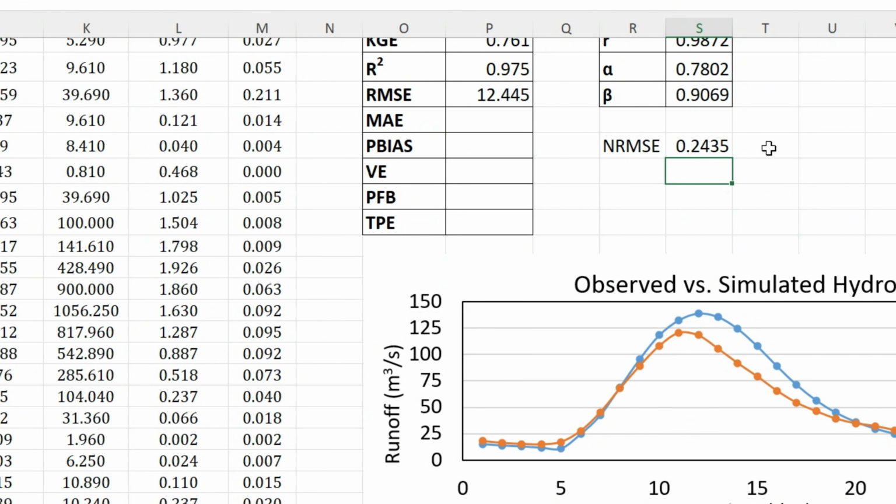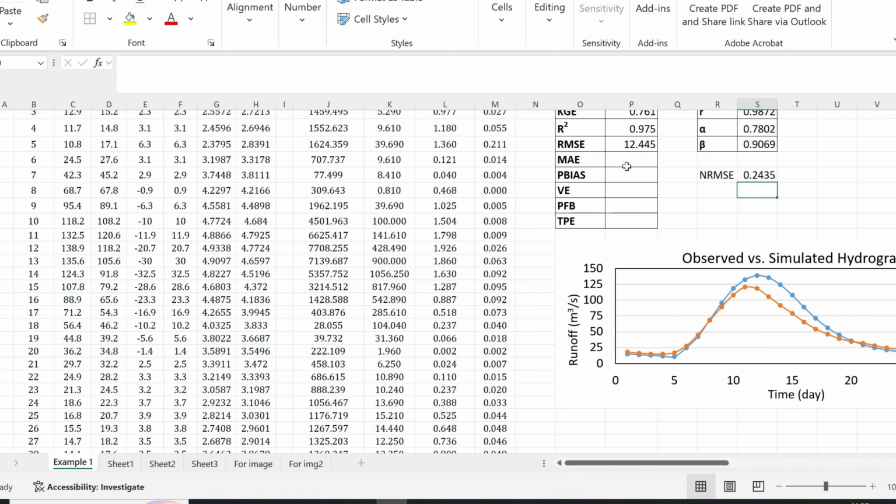So now you have a bit of understanding. The RMSE that we have found here is relatively 24% of the average values available in the hydrograph. So that means that it is relatively a big error. It's not something that we can ignore. When it comes to MAE, the situation is easier. It's mean absolute error.